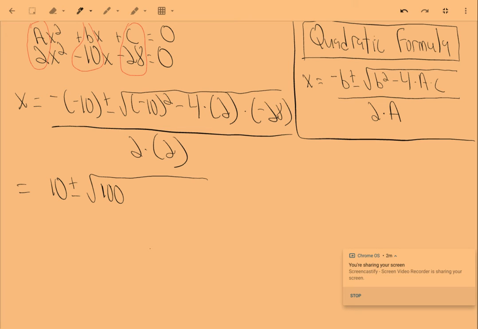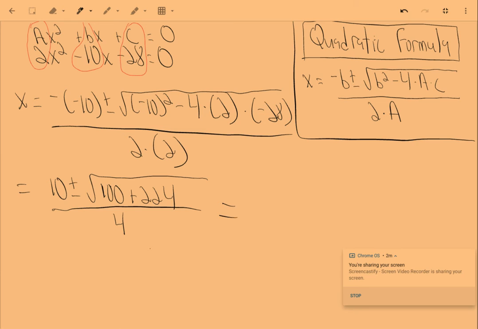Use a calculator if you need to. I'm actually using a calculator right now. All right, and we get positive 224, divided by 2 times 2, which is, of course, 4.